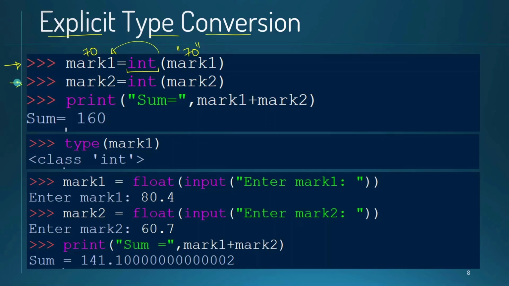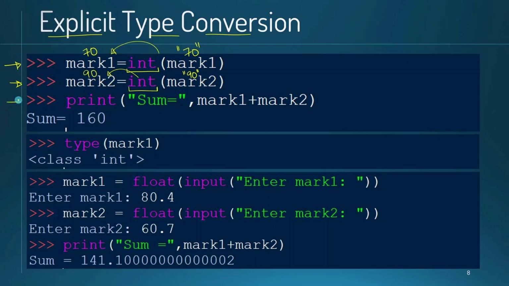In the next statement, mark 2 has the string value 90. The int function will forcefully convert this string to an integer and then load it back to mark 2 itself. So now mark 2 has value 90, and that's an integer.